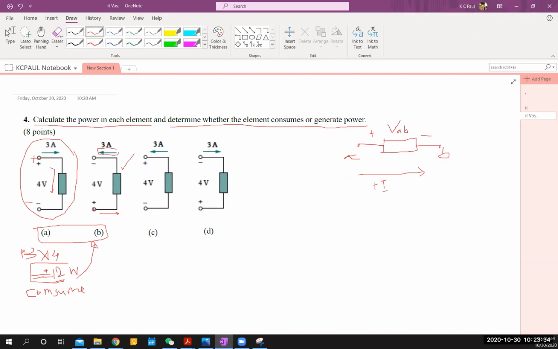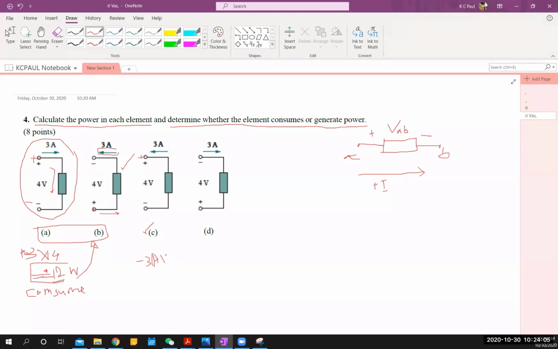Both of them are consuming power. But come to C here. In C, this one is the positive terminal and this one is negative. Current should enter through the positive terminal if it is a power consumer, but that is not happening. So we are hoping that current is entering from the positive terminal, and then the current should be minus 3 ampere.